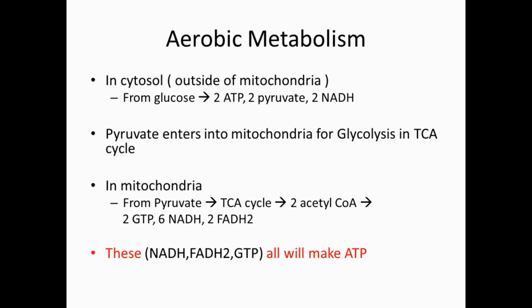In the cytosol, glucose will give 2 ATP, 2 pyruvate molecules and 2 NADH molecules, and those pyruvate molecules enter into the mitochondria for the TCA cycle. In mitochondria, that pyruvate will enter the TCA cycle and will give 2 acetyl coenzyme A, and that acetyl coenzyme A will give 2 GTP, 6 NADH and 2 FADH2, and these all will make ATP.